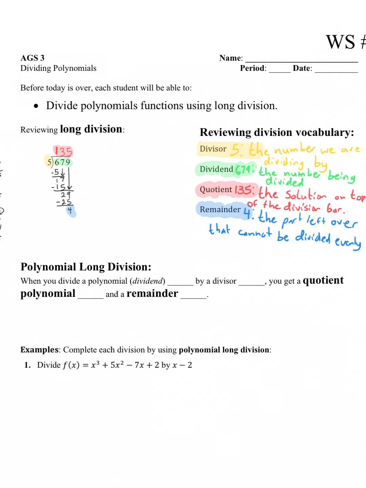All right. And typically the way we'll write a remainder is like this. We'll say 4. You might remember that you would have done R4 back in elementary school, but we're not going to do that today. We're going to write it as a fraction. We're going to say 4/5. So what I want you to do is write your remainder as a fraction.